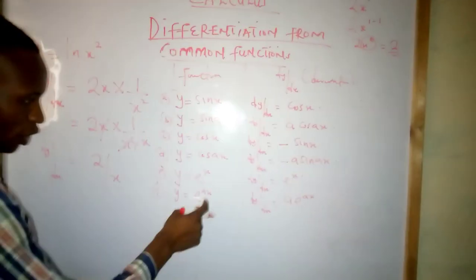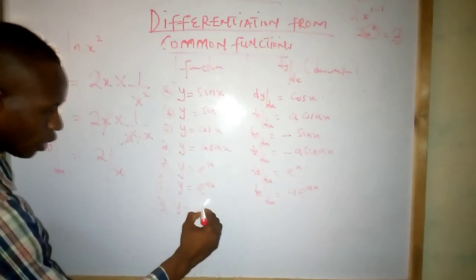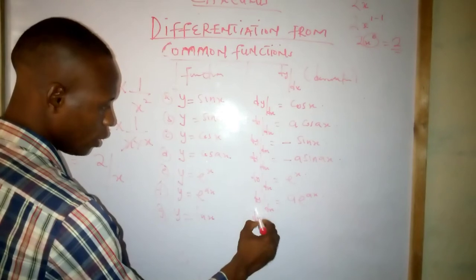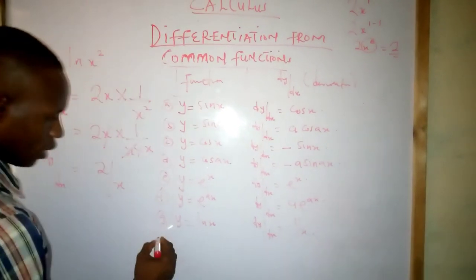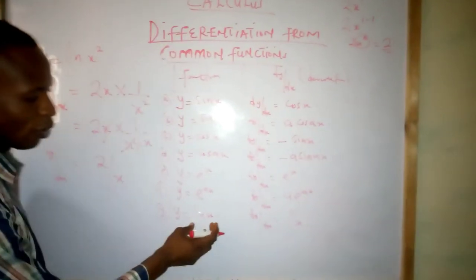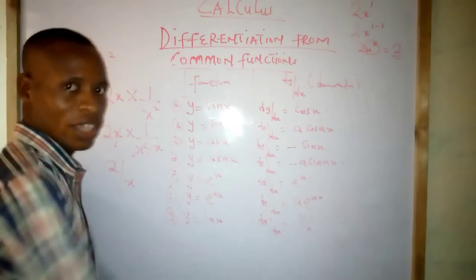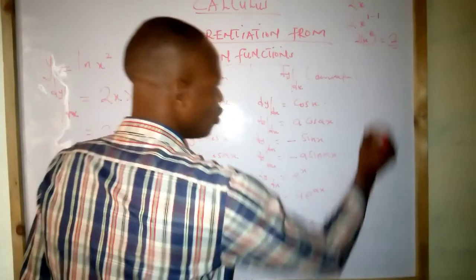Okay, that's when you differentiate, you bring this to the front. Then G, given y equals ln x, the dy dx is simply equal to 1 over x. Okay, and so on and so forth. The reason I stop here is because if I have ln 2x, it's still going to give me 1 over x. So these are the common functions of that table.